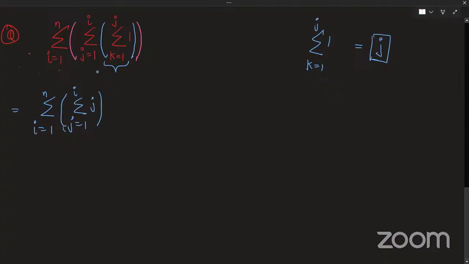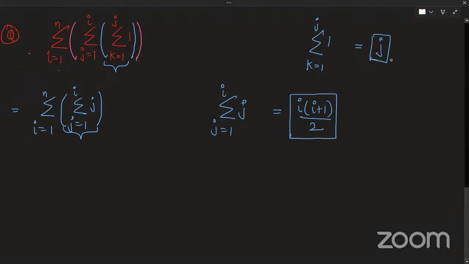Now what about this bracket? It will be i into i plus 1 by 2, because it is the sum of first i natural numbers.